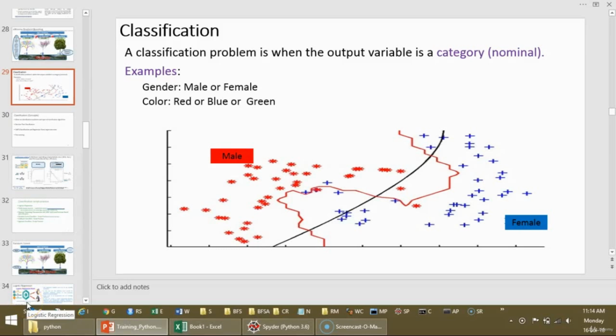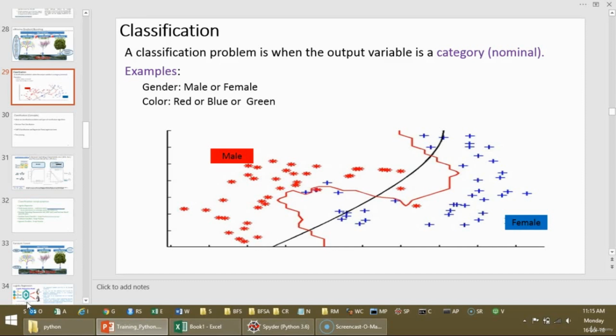Welcome back. Today we'll learn classification, and I hope you recollect the definition of regression: whenever the output variable is numeric, whether integer, float or double, that is a regression problem.